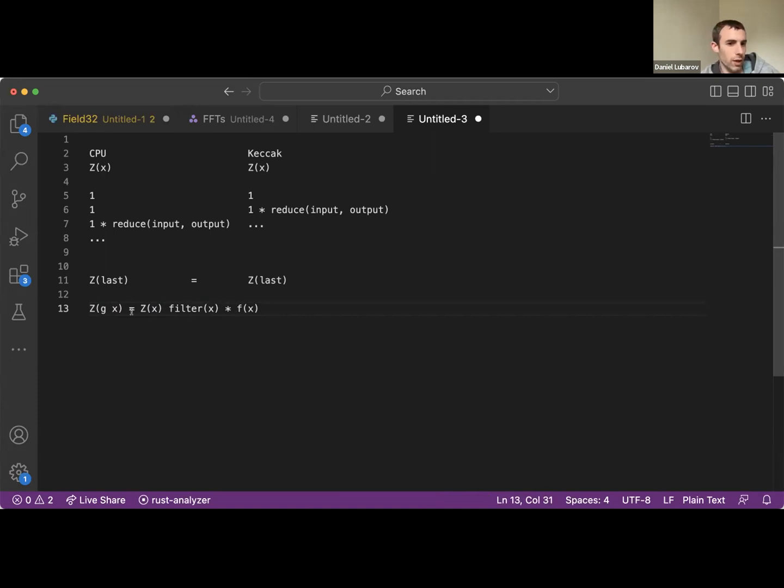So it looks something like this, which effectively is doing, using sort of Rust syntax.